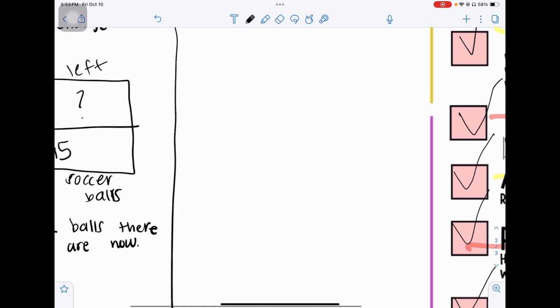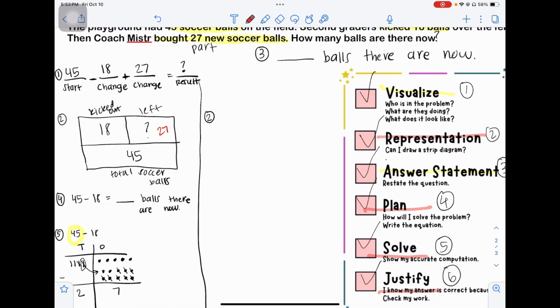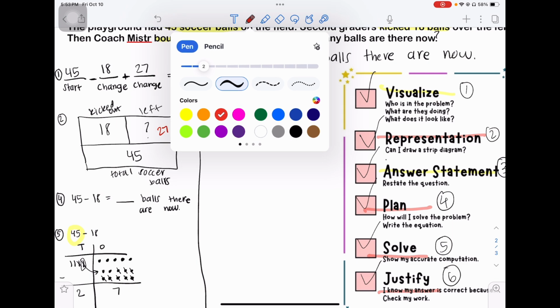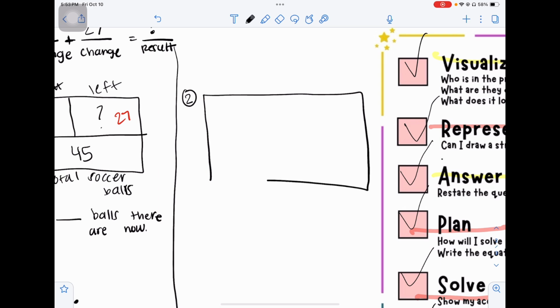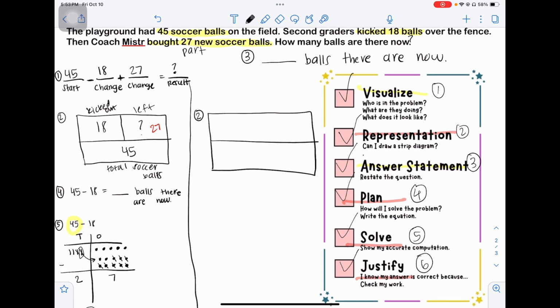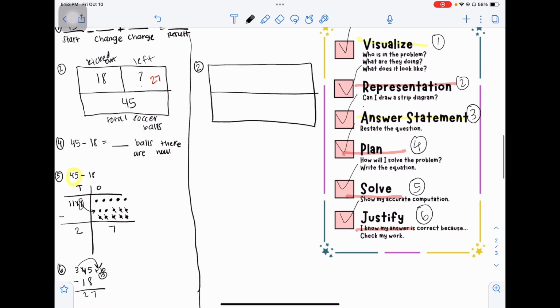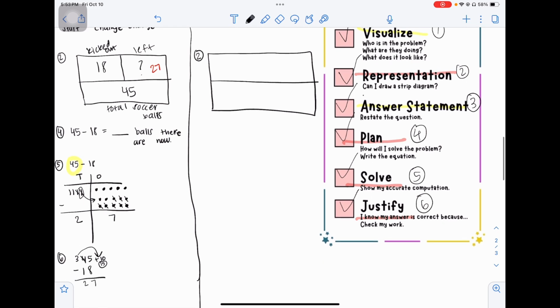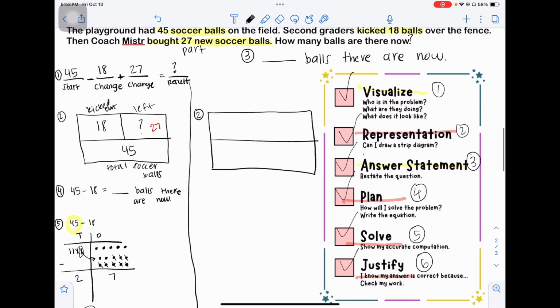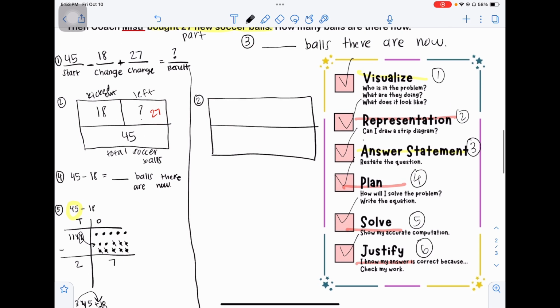Okay, so now I am going to do the part whole. I'm going to add, okay? 45 minus 18 is 27.